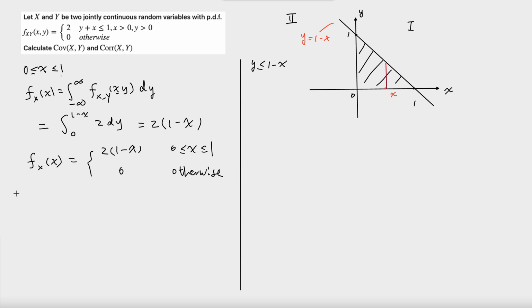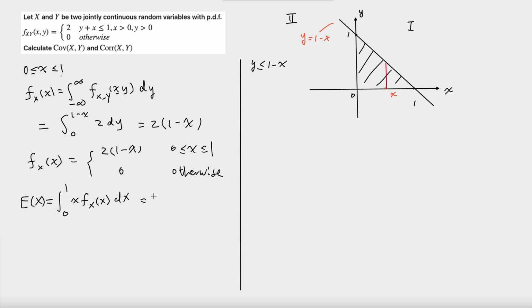Now let's compute the expected value of X. The expected value of X is the integral of x times the density function of X, dx. Since the density is 2 times (1 minus x) when x is between 0 and 1, and 0 otherwise, we can compute the integral from 0 to 1, because outside of 0 and 1 the whole thing is 0.